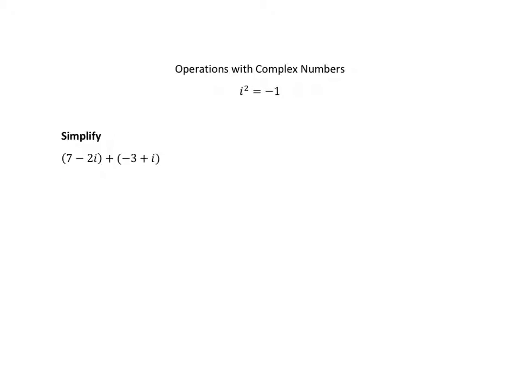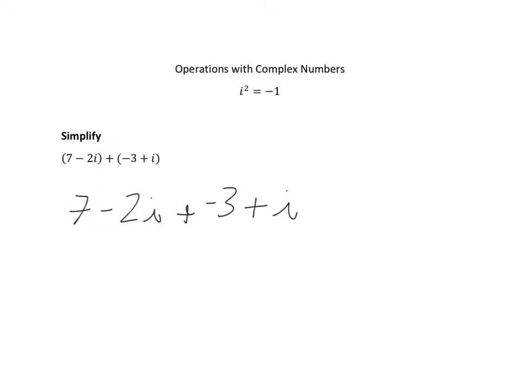So I don't really have anything to do here. The parentheses are just extra, and they're not really helping me, so I can really just drop them. So it's 7 minus 2i plus negative 3 plus i. Now we have two things going on here.